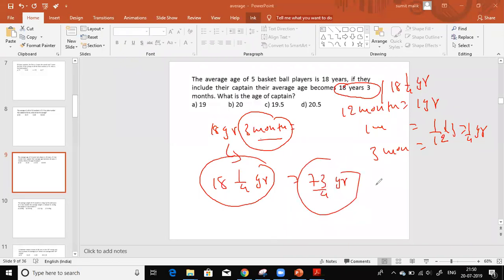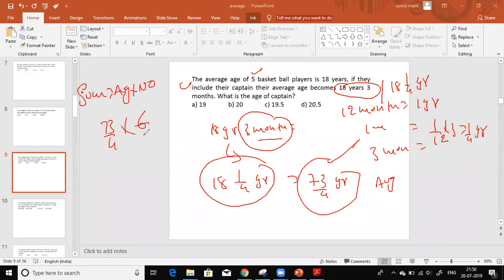This is your average of how many? 6 members: 5 basketball players and their captain. Sum is equal to average into number. Average is equal to 73 divided by 4, and number is equal to 6.